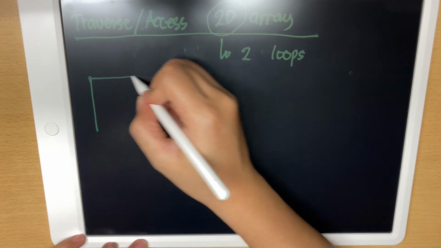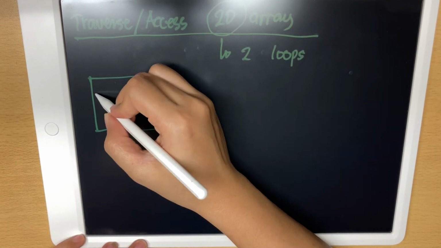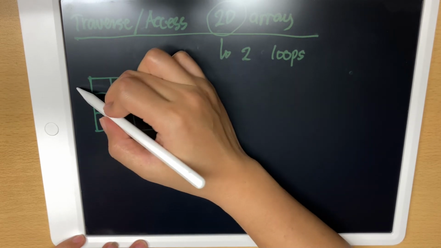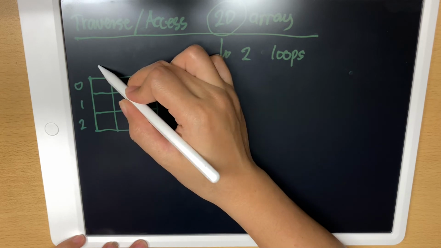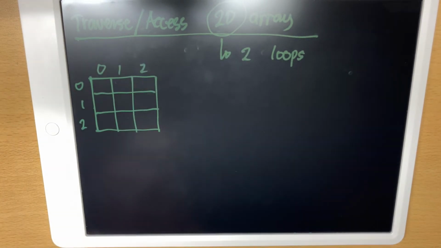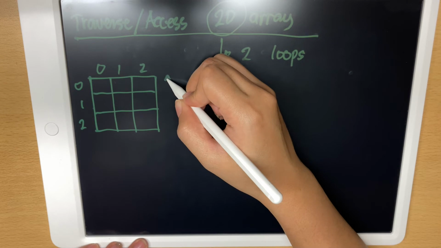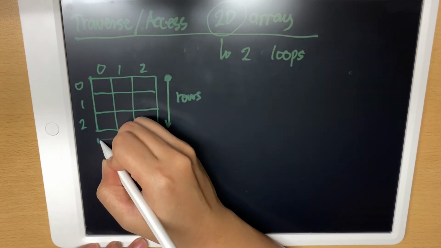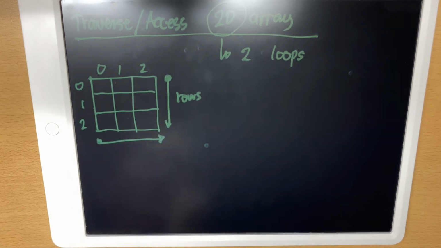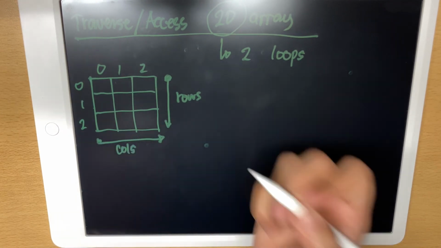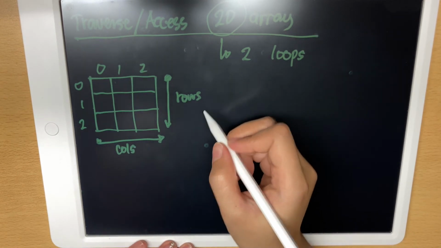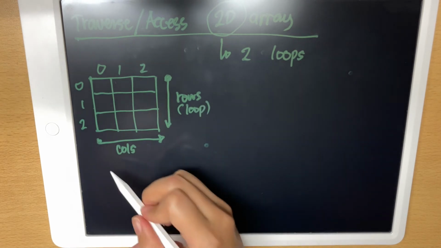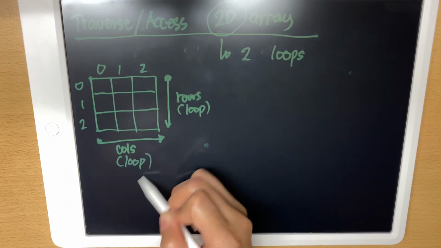Wherein if we have a 3 by 3 array, so this is the rows, this is the columns. Then we use a loop here for the rows, and we use a loop here.